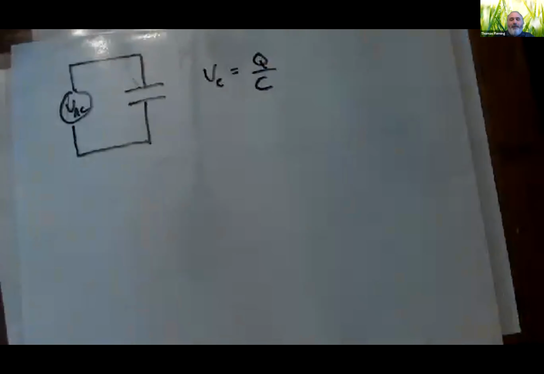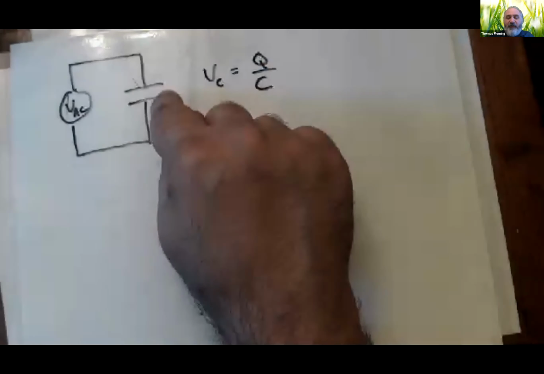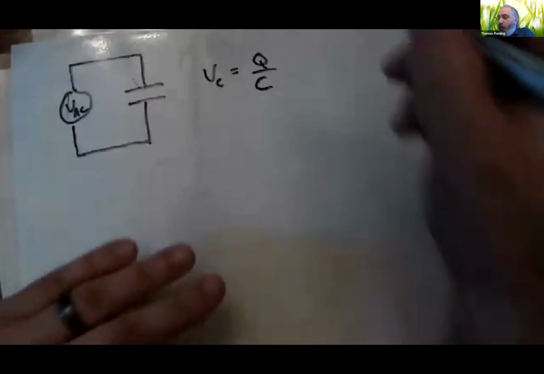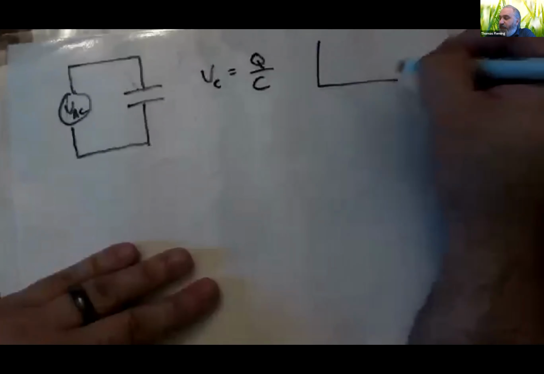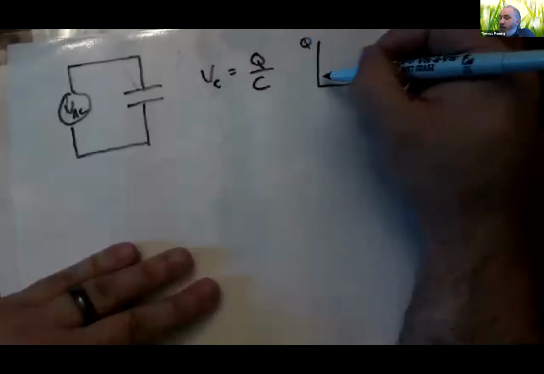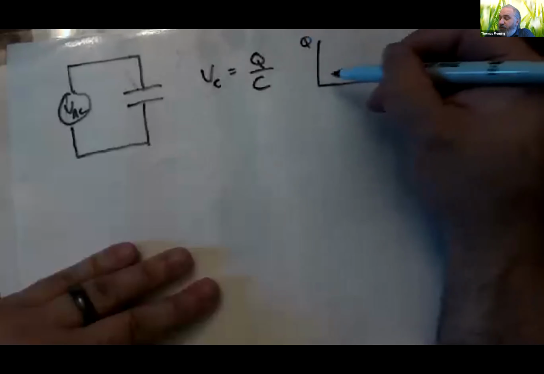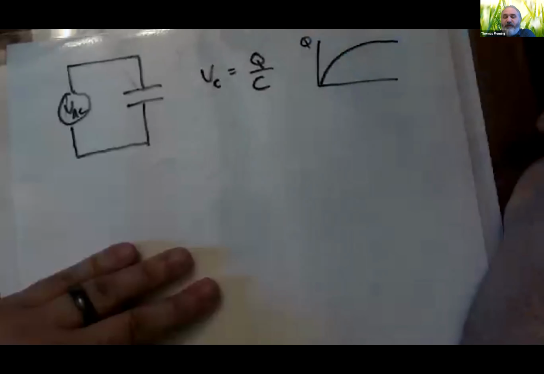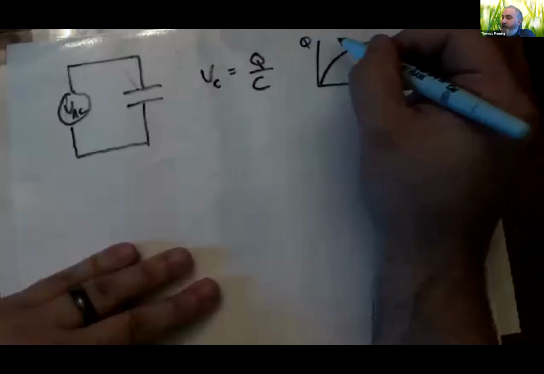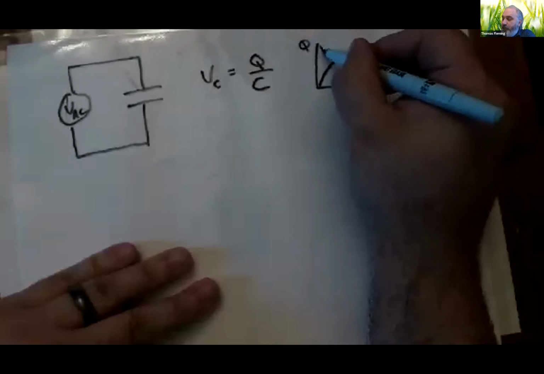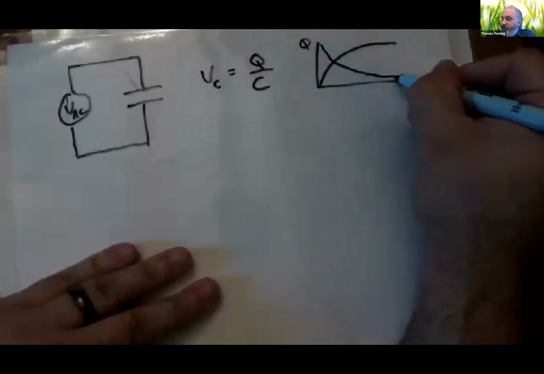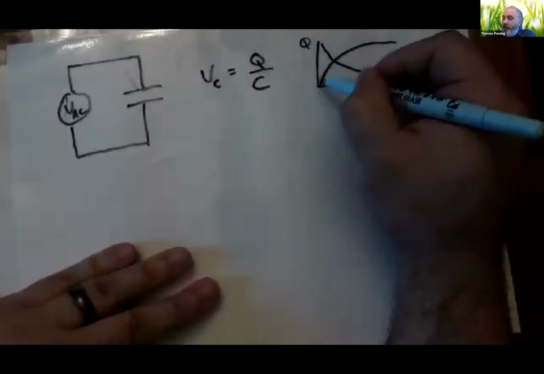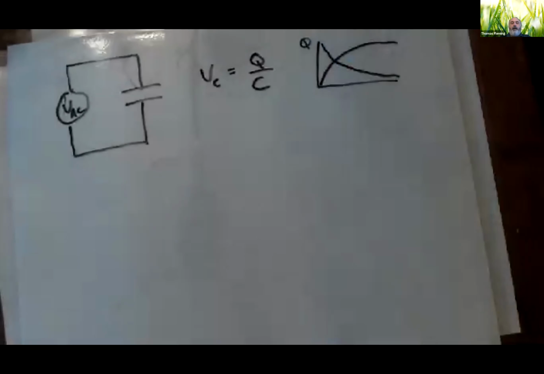So the more charge you've got, the smaller the current tends to be. That's why in an RC circuit with just a DC battery, the charge kind of does this, and the current kind of does this. When the charge is big, the current is low. When the charge is small, the current is high.